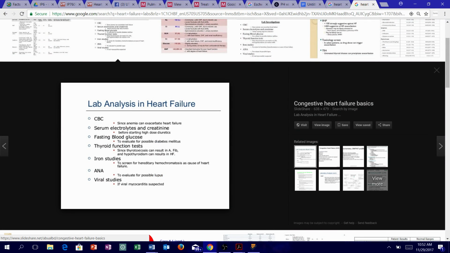What's that? CBC. Why CBC? Since anemia can exacerbate heart failure, apparently. Anemia. That's a good point. I didn't know. I mean, if you have a low blood count, you have less blood to pump. Serum is for electrolytes and creatinine, for diuretic dosing.